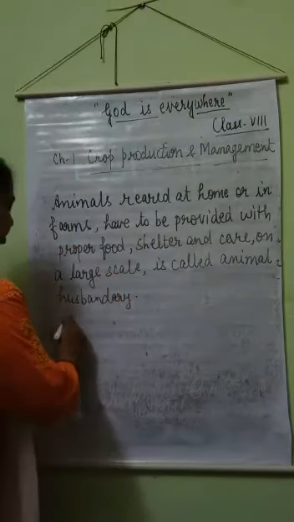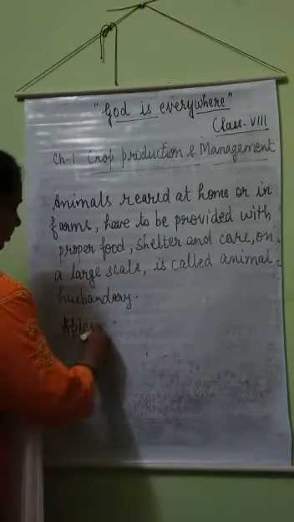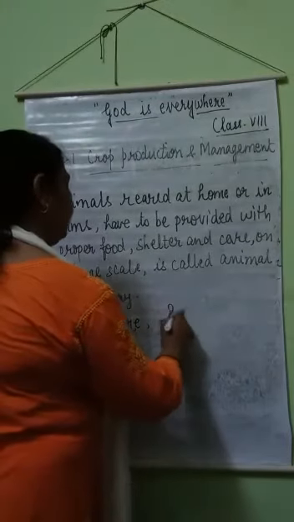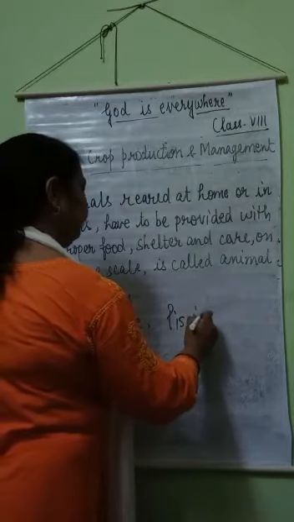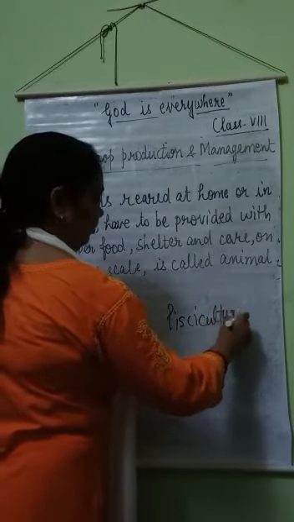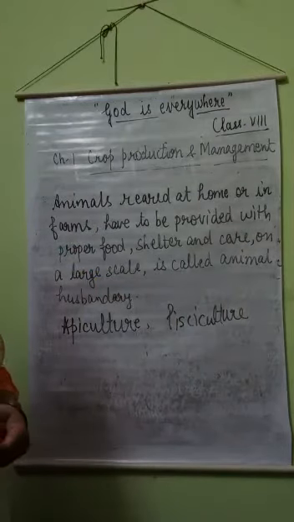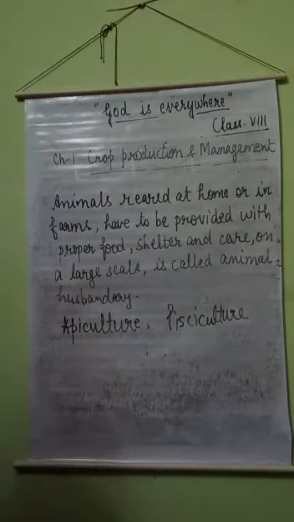Apiculture is the rearing of honeybees, and pisciculture is the rearing of fish, which includes breeding, hatching, etc.